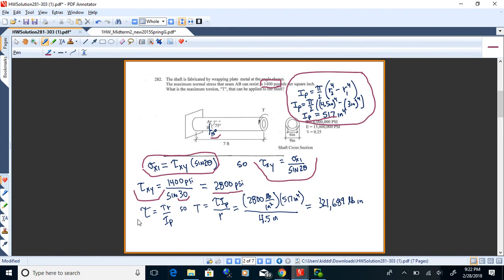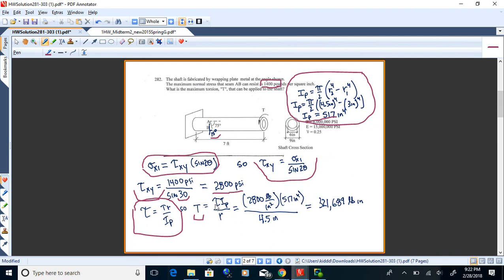All right, so now I take the basic shear stress equation. Tau is TR over I, and I rearrange it and solve for T. Now notice that T is the torsion. That's the letter T. Tau is the shear stress. That's the Greek letter tau. They're different.